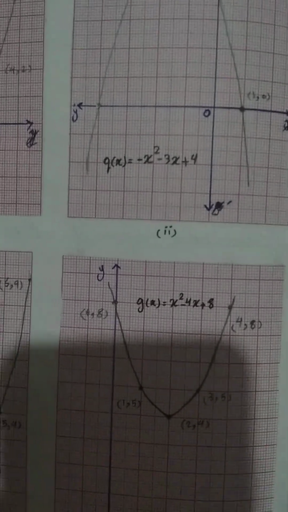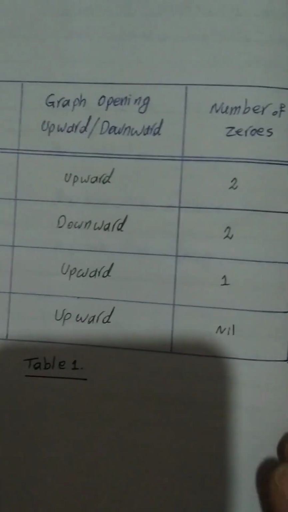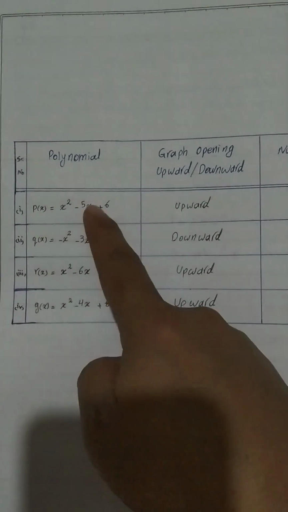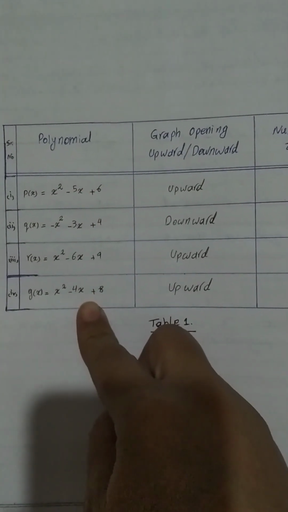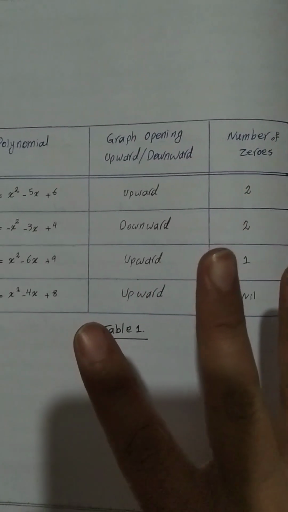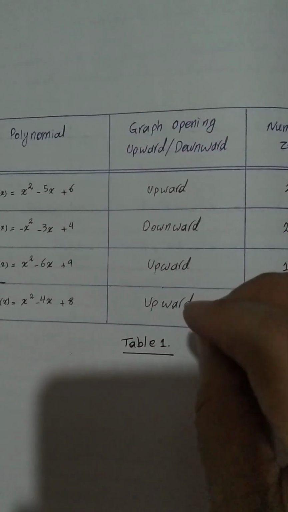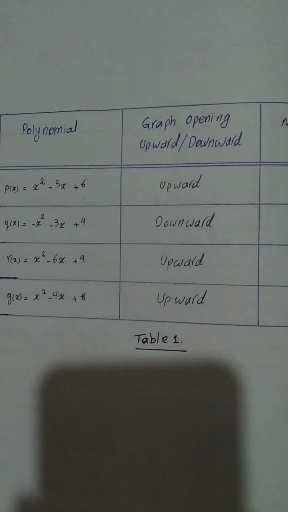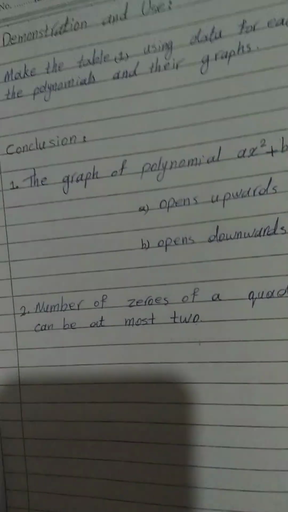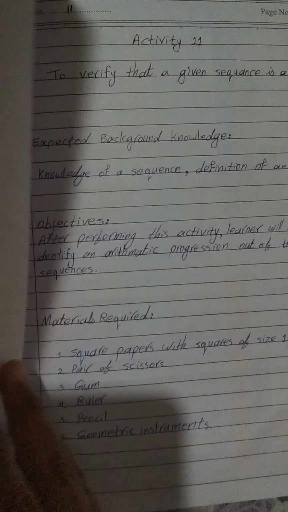It started to curve. And then whatever you make here, you write all the formulas which they gave you, all the 4-1, and you already made it. It's going to say upward or downward, of which 3 of them are upward and 1 is downward, and this is the demonstration.